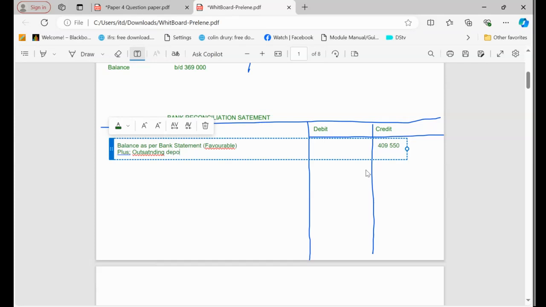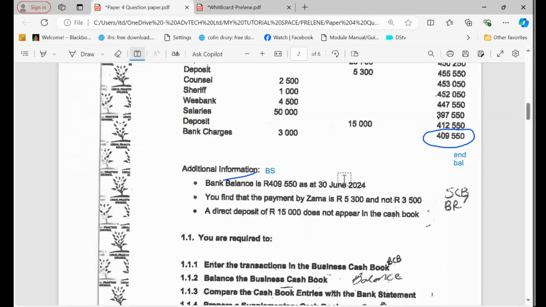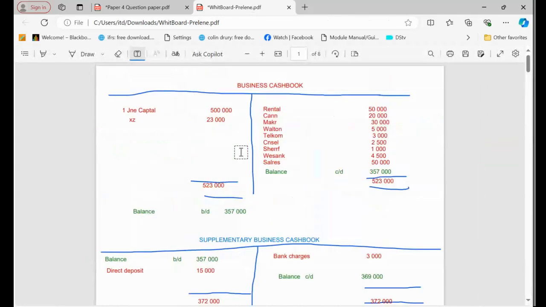First you must understand what the outstanding deposits are. Outstanding deposits are the deposits which appear in the cash book but not yet on the bank statement. We can only use what we have. We have this business cash book that we compiled.